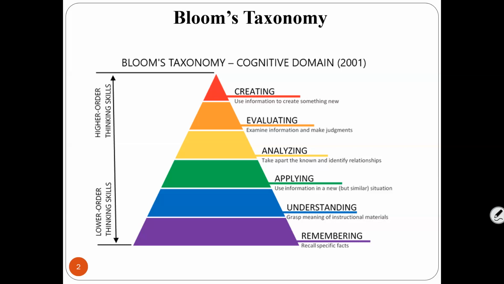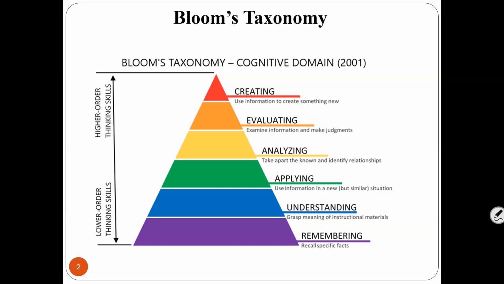At the bottom, remembering or understanding are considered lower order thinking skills. But then we expect our students to have higher order thinking skills. Unfortunately, a lot of them, including us, cannot reach the very top, like creating things.